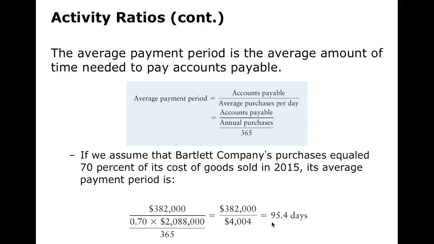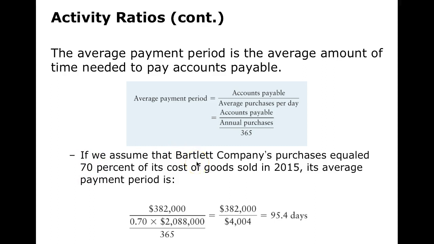So that's average collection. We can also look at average payment period. This is taking accounts payable now and dividing it by the average purchases per day. So we take accounts payable divided by annual purchases divided by 365. If we assume that Bartlett Company's purchases are valued at 70% of its cost of goods sold, that basically means that the cost of goods sold makes up 70% purchases, 30% labor.